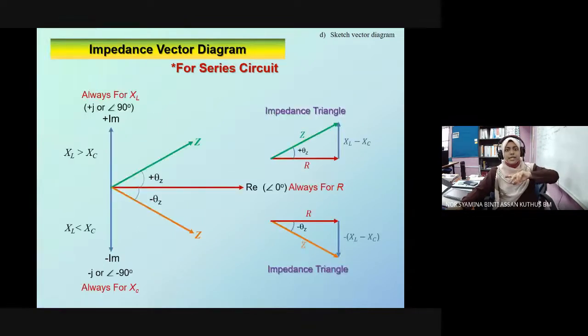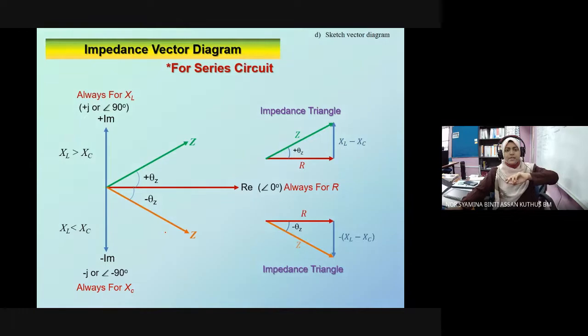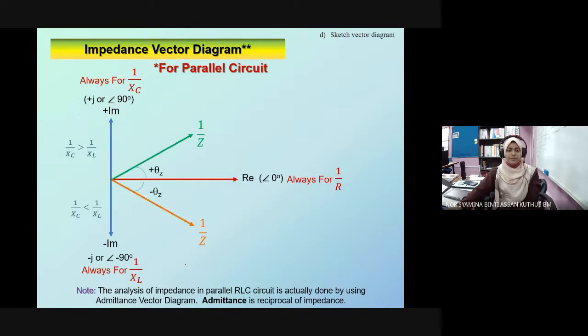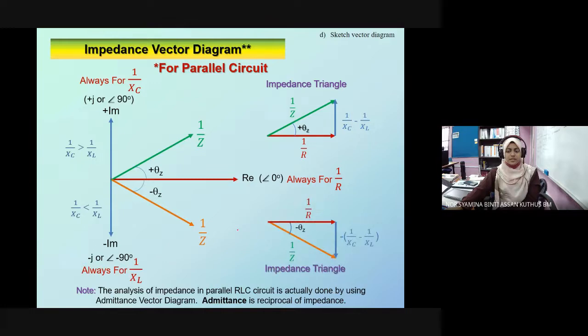Untuk series circuit XL di atas, XC di bawah. Untuk parallel circuit adalah terbaliklah untuk XC dan juga XL. Okey. Nampak semuanya sama, cumanya XC tukar dengan XL dan dia adalah 1 over that value.